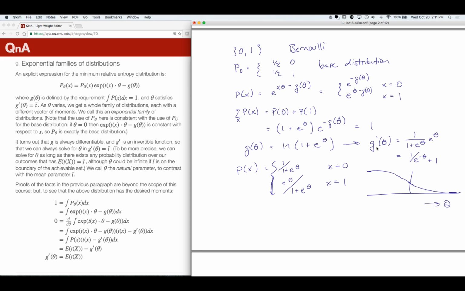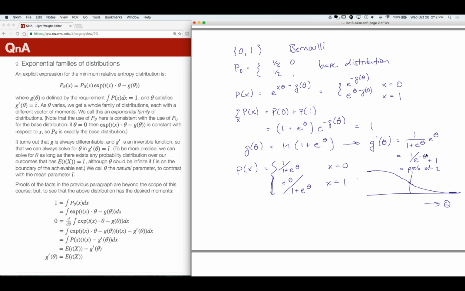And that tells us the expected value. The expected value of x is just the probability. So this is equal to the expected value of our Bernoulli distribution, which is just the probability of getting 1. And so we can solve this equation to get any desired probability of 1.